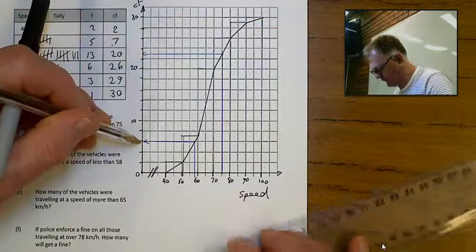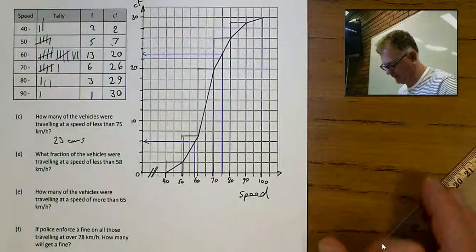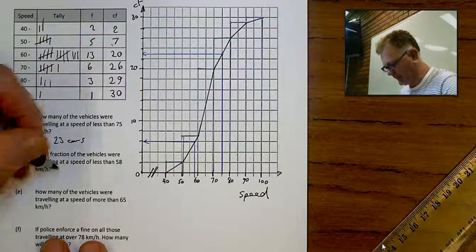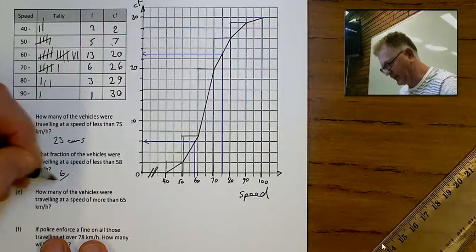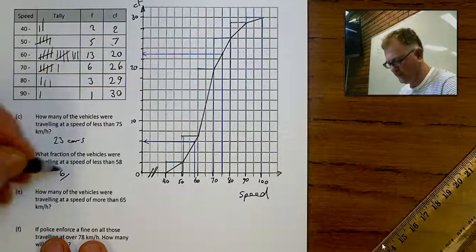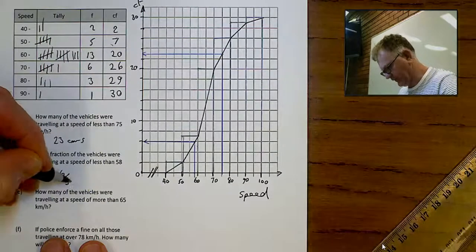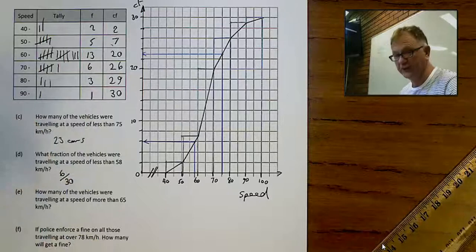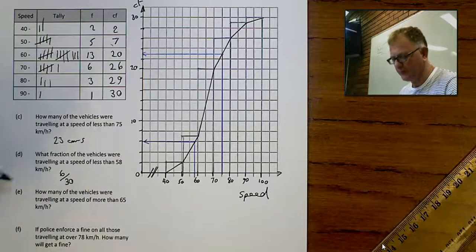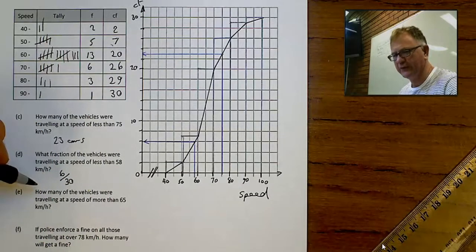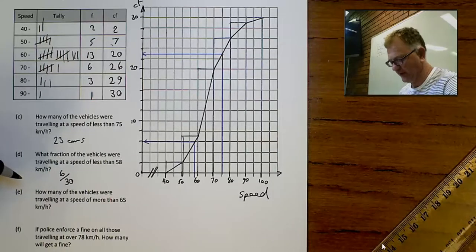I make it about 6 cars, but we were asked that as a fraction. So it's 6 out of, how many cars were there all in all? 30. 6 out of 30 as a fraction. I could cancel that down, but somehow to me 6 out of 30 seems to make more sense because there were 30 cars in the survey.